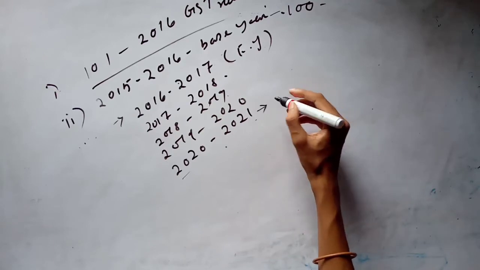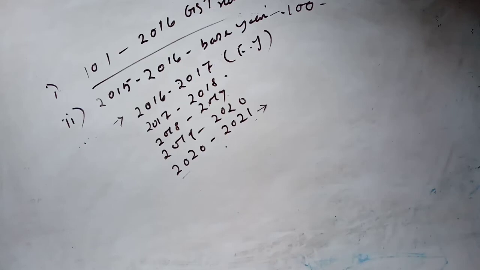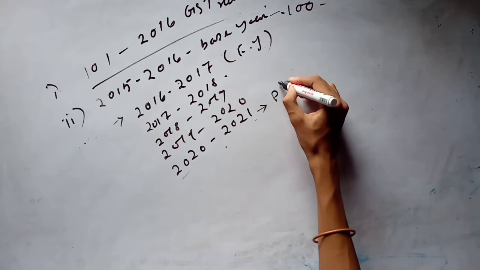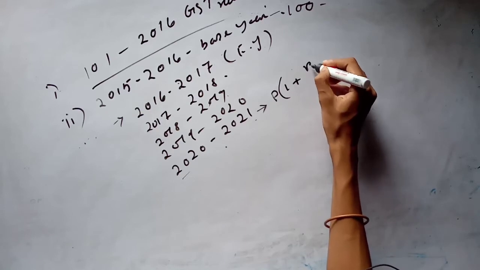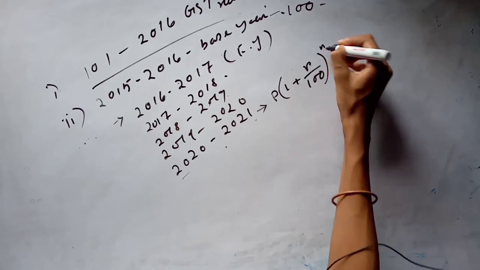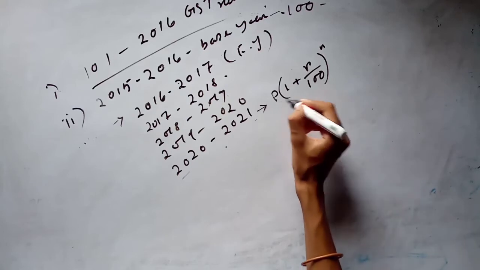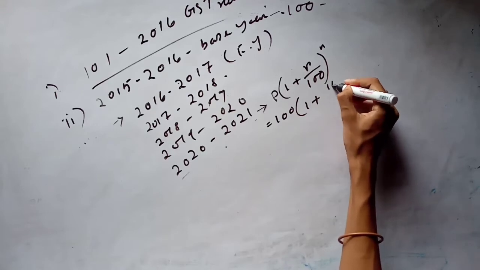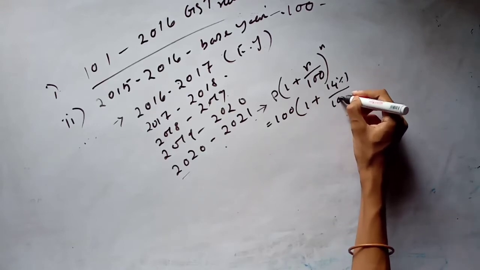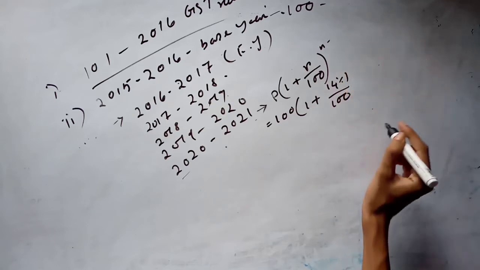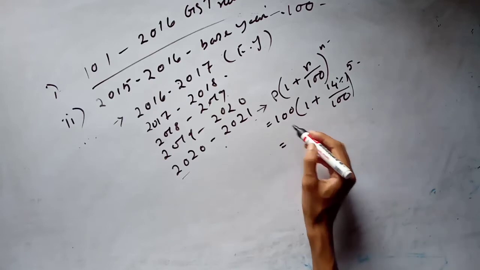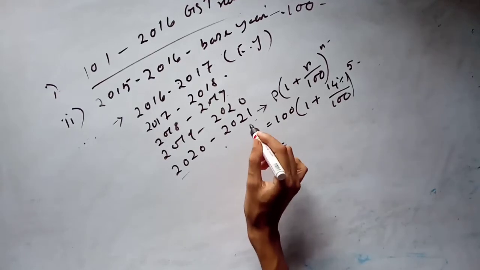The method is compound interest: P is the principal value, which is 100, times 1 plus R by 100, where R is the rate, which is 14%, and N represents the number of years, which is 5. If you calculate, you will get the revenue of 2020-2021.